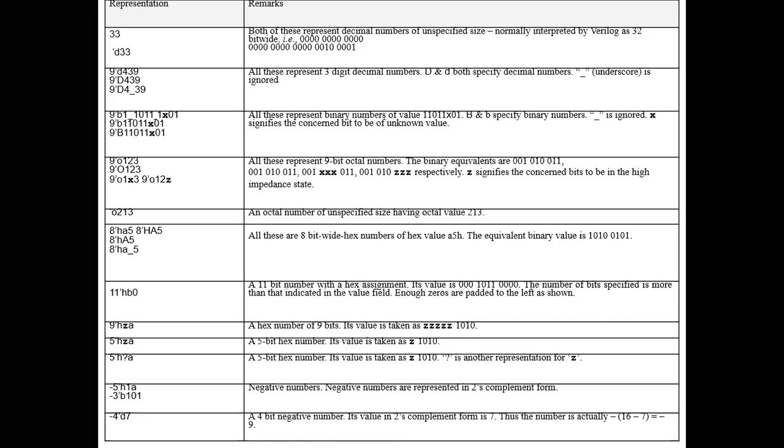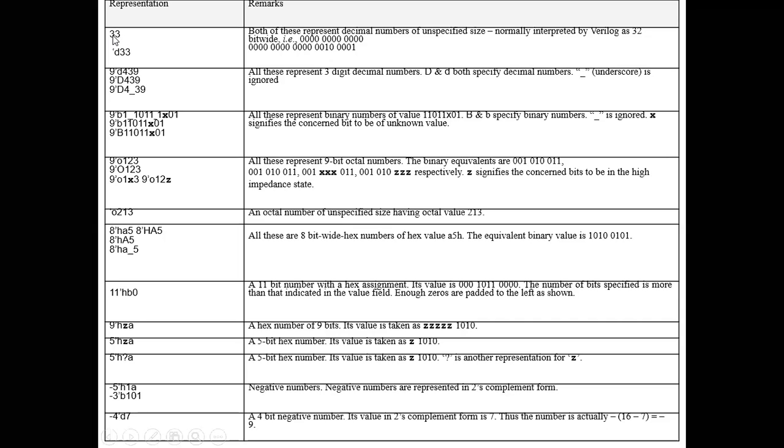We can indicate a decimal number with small d or capital D. Also, small x and capital X are the same here, which is used for indicating uninitialized or unknown values. Z indicates the high impedance state, right? We already know that.